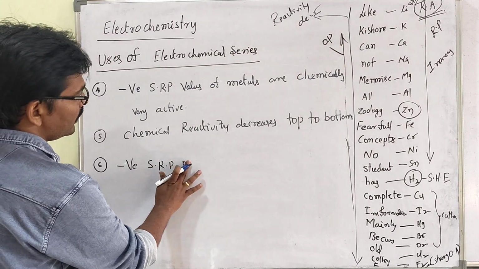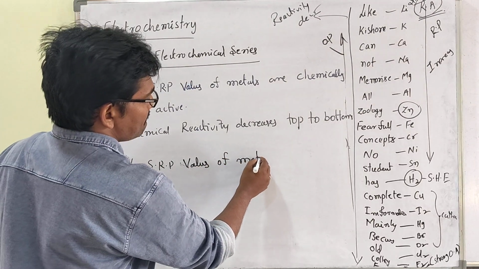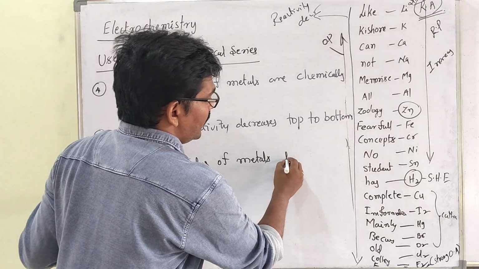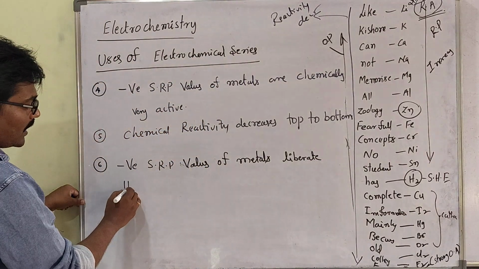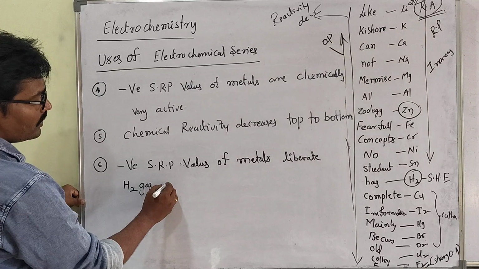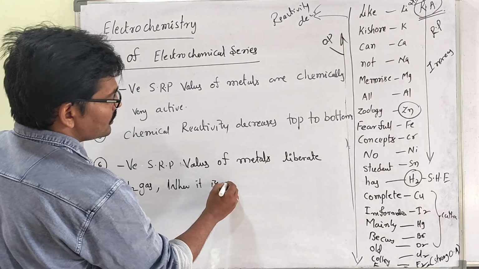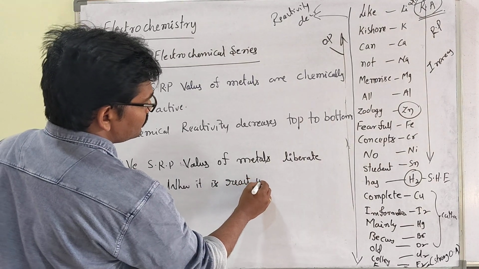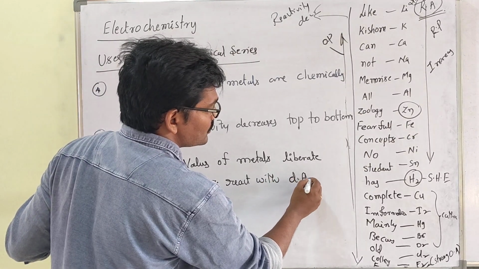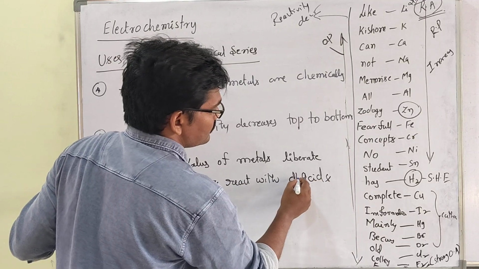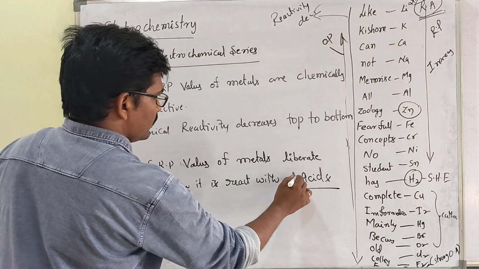negative SRP values of metals liberate hydrogen gas, H2 gas, when they react with dilute acids.